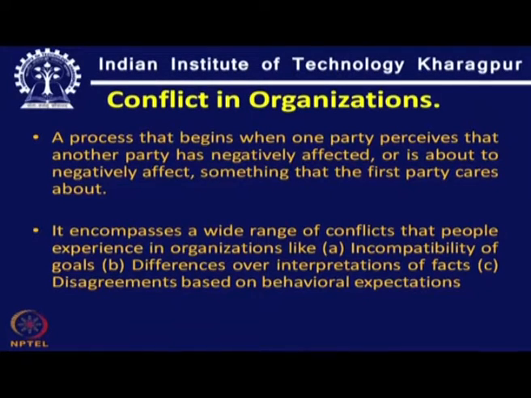So, we can say conflict is a process that begins when one party perceives that the other party has negatively affected or is about to negatively affect something that the first party cares about.